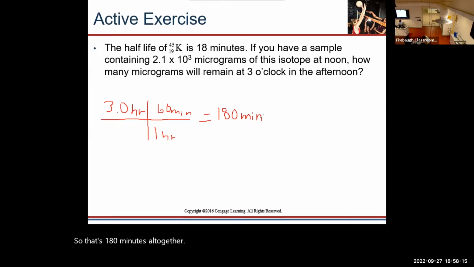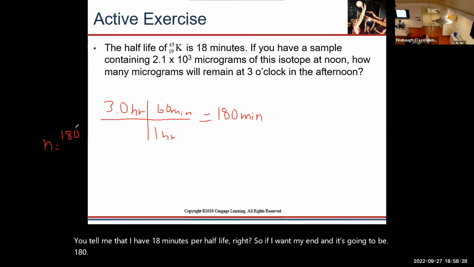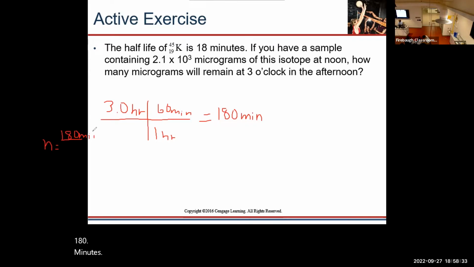Right. So then you told me that I have 18 minutes per half-life. So I go in, and it's going to be 180 minutes divided by 18 minutes. That's it. So then I use that equation.